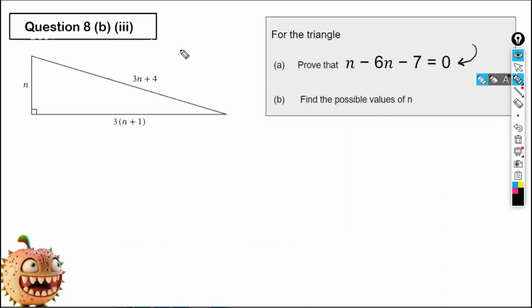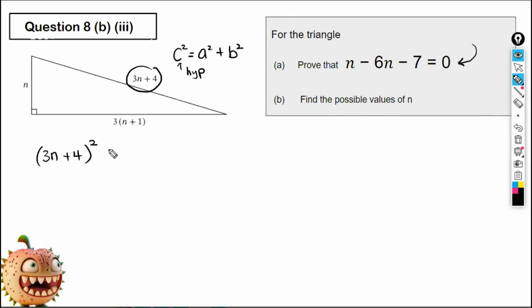So according to Pythagoras theorem, c squared is equal to a squared plus b squared, where c is your hypotenuse. Our hypotenuse in this particular question is 3n plus 4. So if we take that 3n plus 4 and square it, it's equal to the other two sides squared if you decide to add them.